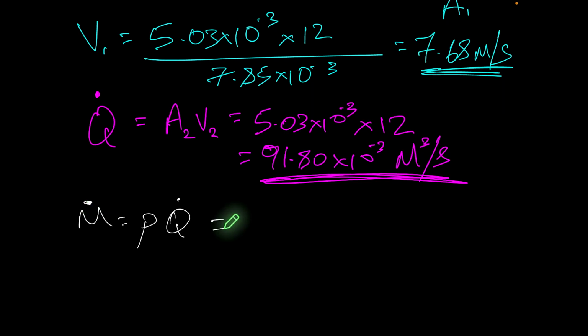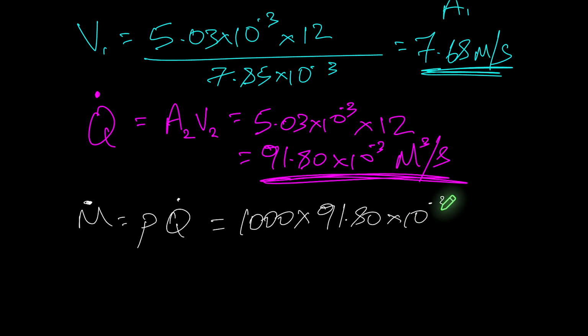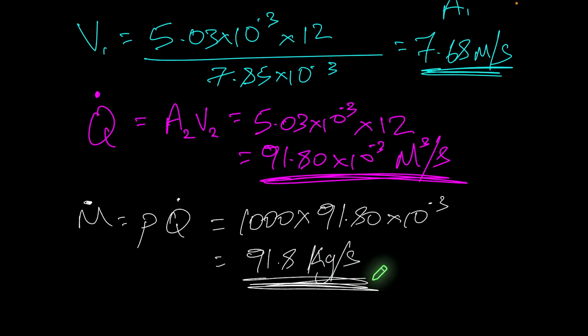And say we're dealing with water, our density would be 1000, and if we multiply that by our volumetric flow rate, then what we have here is our mass flow rate, and this is equal to 91.8, and the unit for mass is kilograms, so kilograms per second. So that's it for our 3 variables.